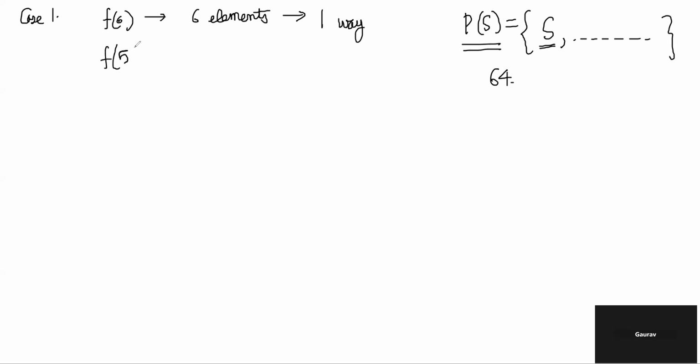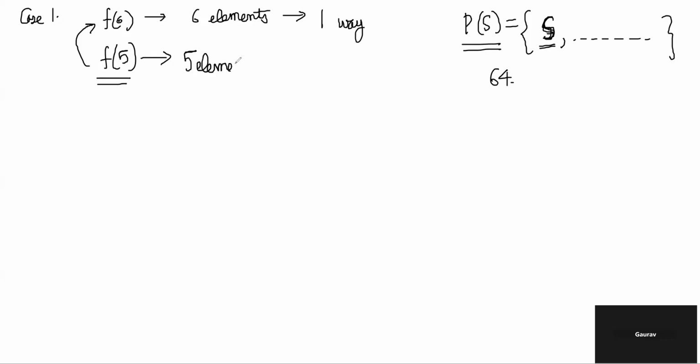F of 5, now remember, f of 5 has to be a subset of f of 6, right? And f of 6 right now is the full set itself. And f of 5 cannot be having less than 5 elements. It can have 4, but for now we are taking the case where f of 5 has 5 elements, right?